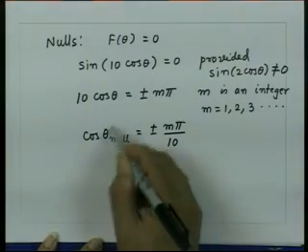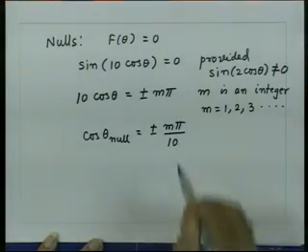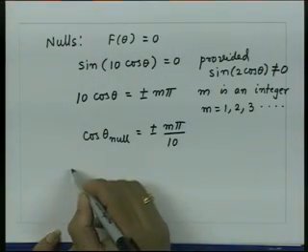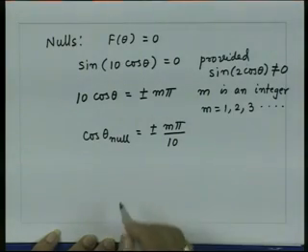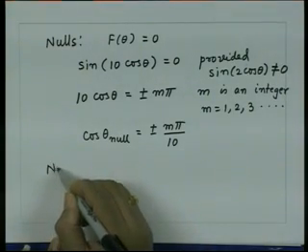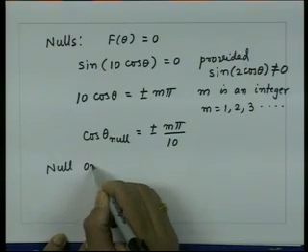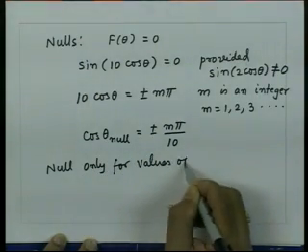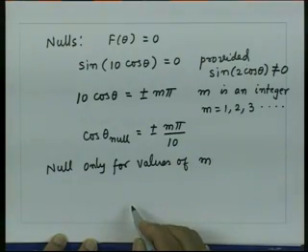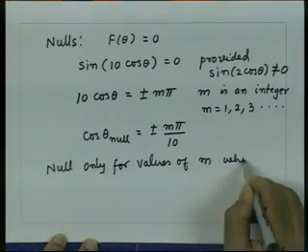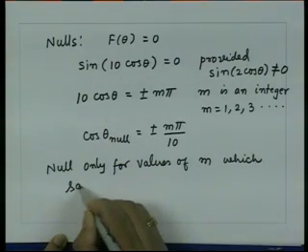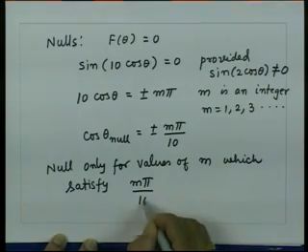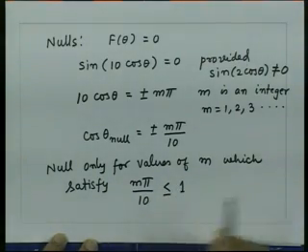So we have a finite number of angles because this quantity should be less than or equal to 1. So we get nulls only for those values of m which satisfy m pi upon 10 less than or equal to 1.